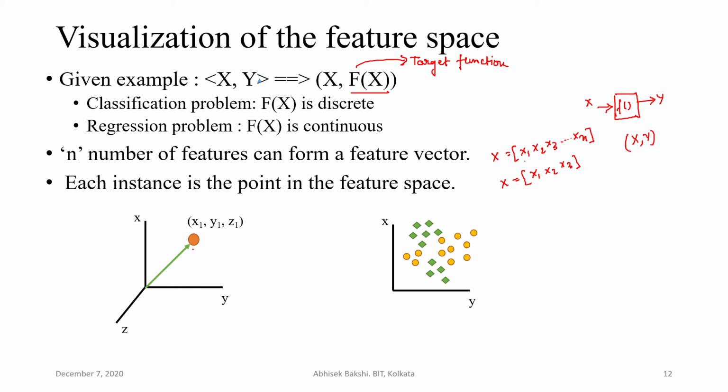Now what is the task? The task is that if a point is given to you, given in red, we ask you which side this unknown person is from. What you have to do is put some classification boundary between the yellow and green points, and only then can you take the decision.